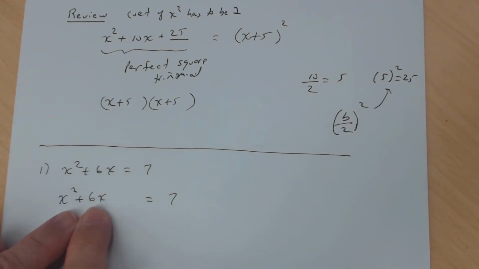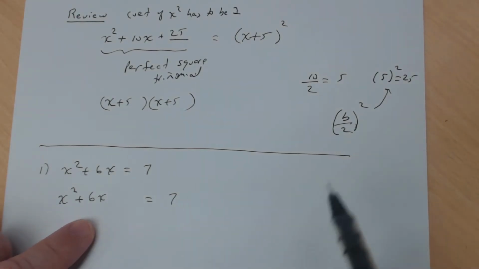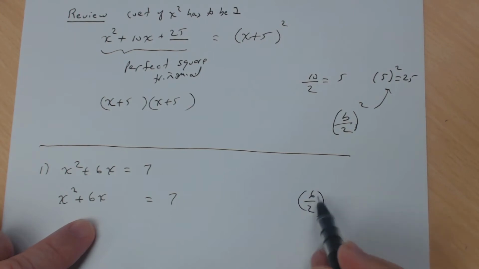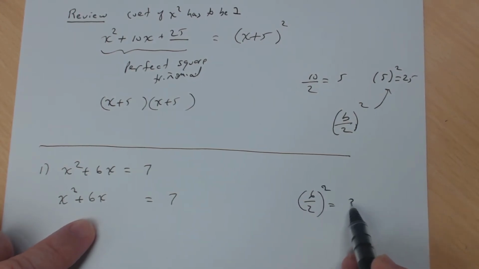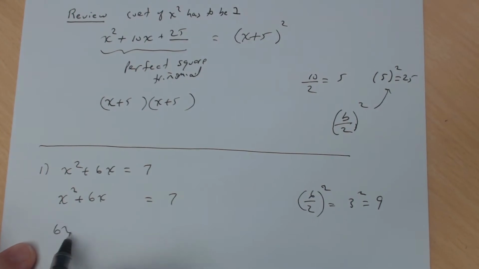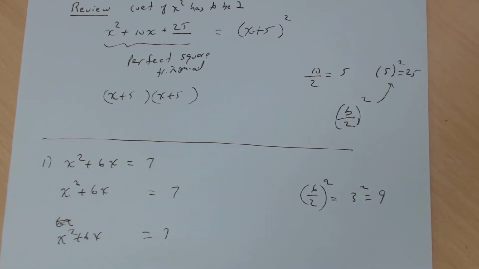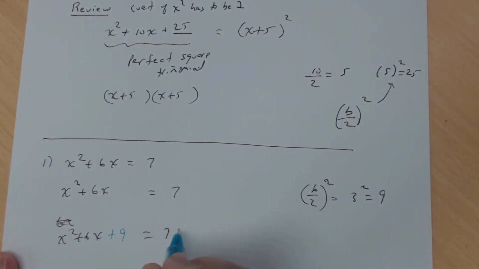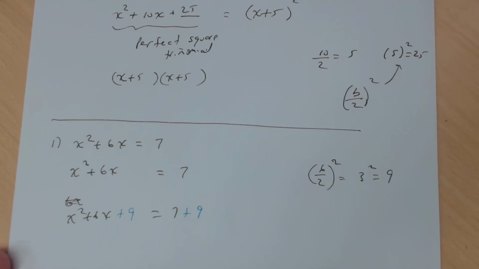Basically, you take 6, divide by 2, and then square. So that's 3 squared, which is 9. So basically, you're going to add 9 to both sides.